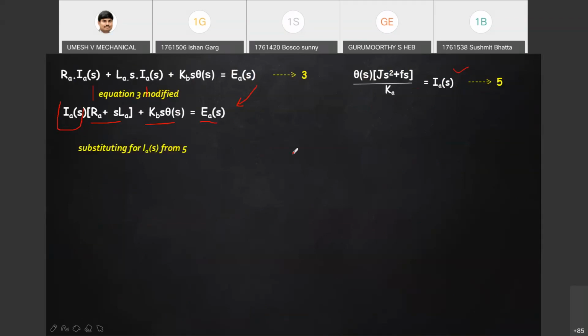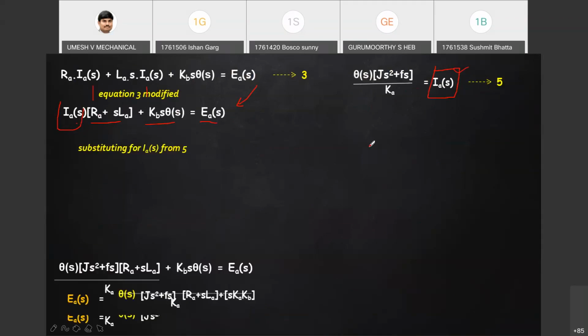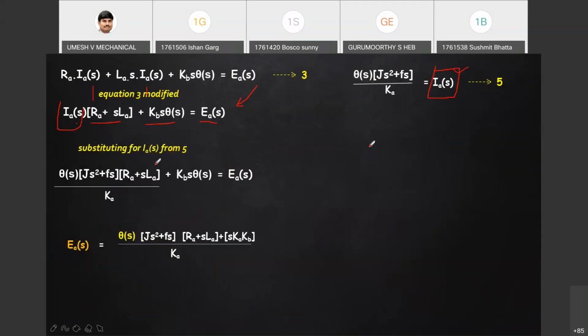So what is the advantage? The advantage is you can bring this Ia(s) value in place here. Only that theta(s) into Js squared plus f s by Ka, only that part you bring here, in place of Ia(s), and Ra plus s La is kept as it is, plus Kb s theta(s) is also kept here.